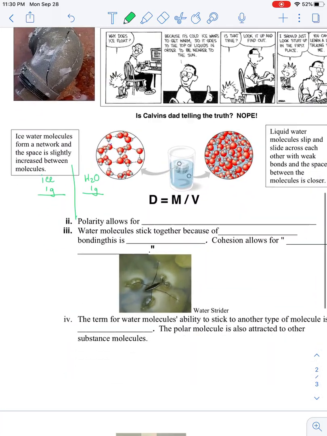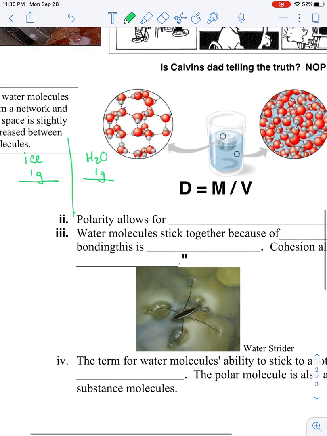And you might have remembered this little equation from maybe middle school or elementary school, D equals M over V. Density equals mass over volume. Well, you can't change the amount of mass. The mass doesn't change if you go from water to ice, but the volume changes. Ice takes up more volume.